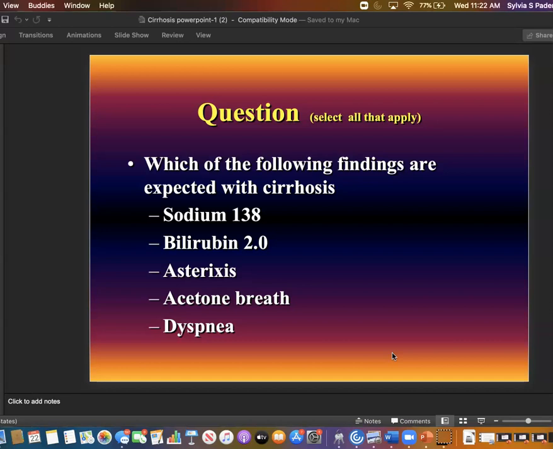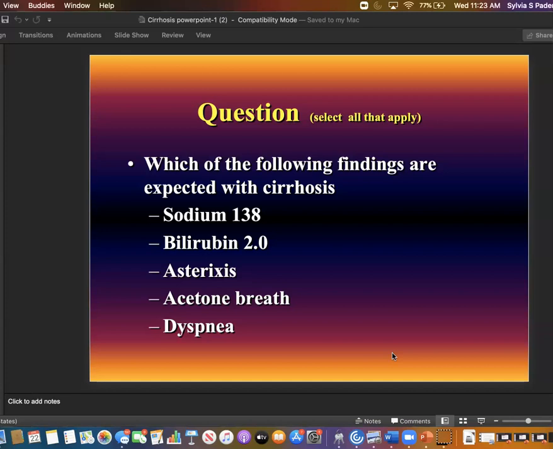So abdominal swelling occurs with advanced liver cirrhosis, and portal hypertension and decreased albumin cause the fluid to shift into the peritoneal space. This is a result of increased pressure in the portal venous system.